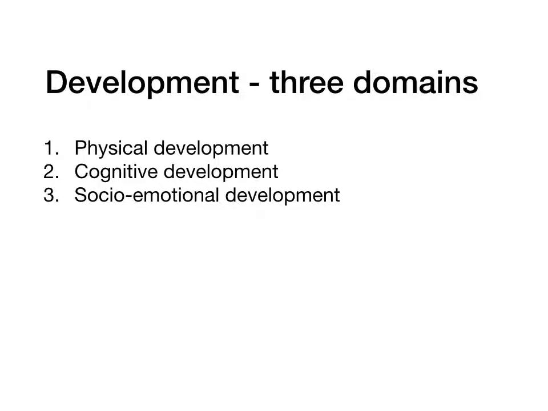And for each stage, we'll be looking at all three domains of development. So we'll be learning about how an infant develops physically, cognitively, and socio-emotionally. Similarly, we will be understanding development in all these three domains for adolescence as well as for childhood.